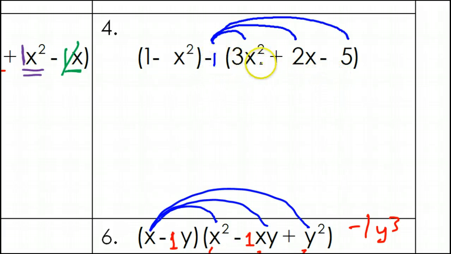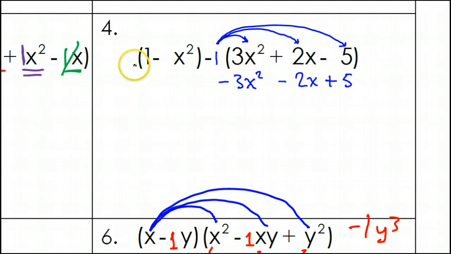If I multiply all of these by -1, then I'm going to have negative 3x squared minus 2x plus 5. Meanwhile, this binomial doesn't have anything in front of it to multiply, so I can just erase these parentheses and bring down the 1 minus x squared.